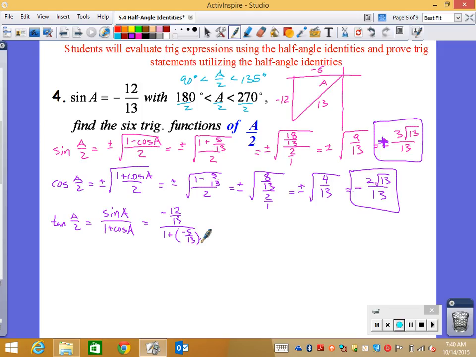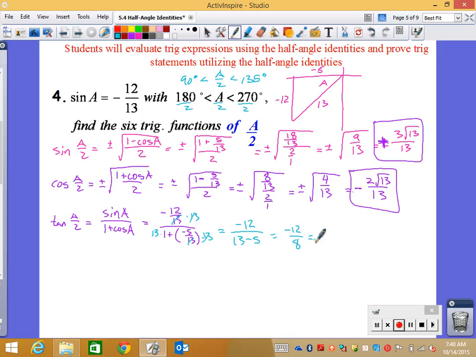So I'm going to use this common multiple again. Well, 13, 13, and 1 is 13. So multiply all terms by 13. 13s cancel. So what am I left with here? A negative 12 divided by 13 minus 5, or negative 12 over 8.